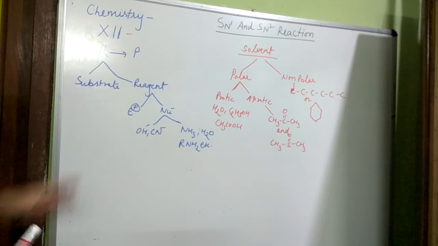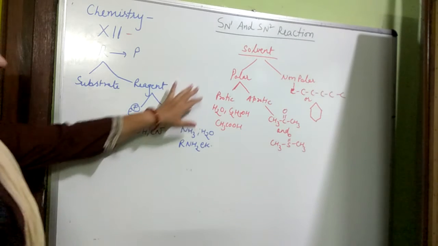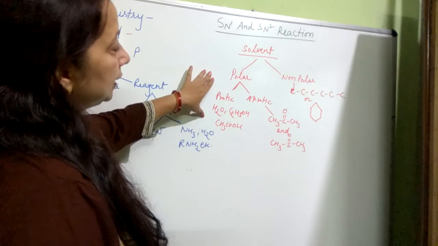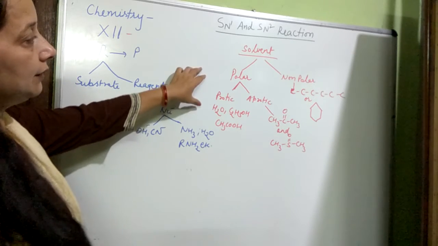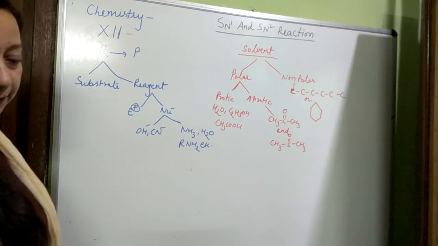These two factors, type of reagent and type of solvent which we use in the reaction, decide whether SN1 reaction takes place or SN2 reaction takes place.